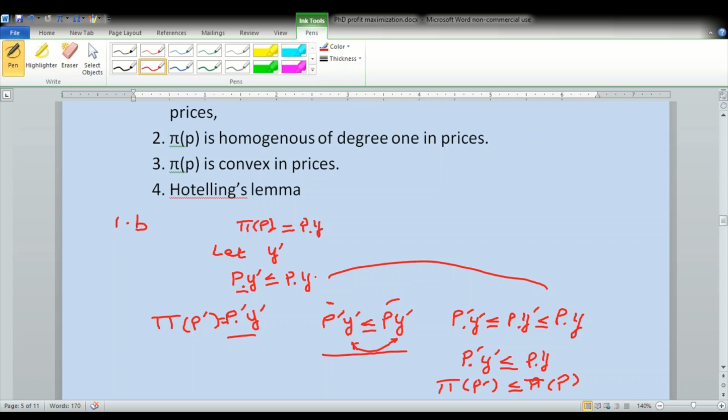And then we combine this with this equation to arrive at the conclusion that p dash dot y dash is less than p dot y, so that as input prices increase, maximum earnable profit decreases.